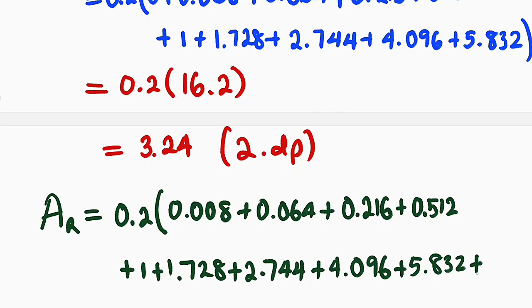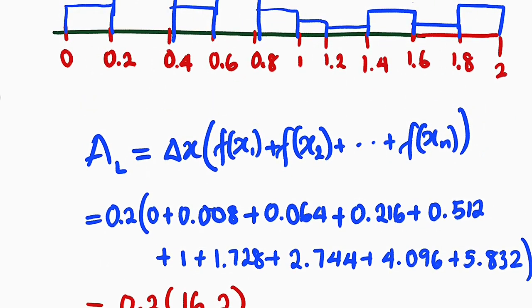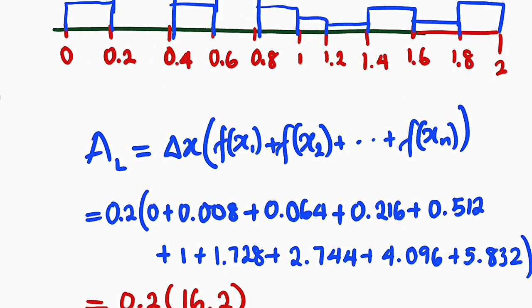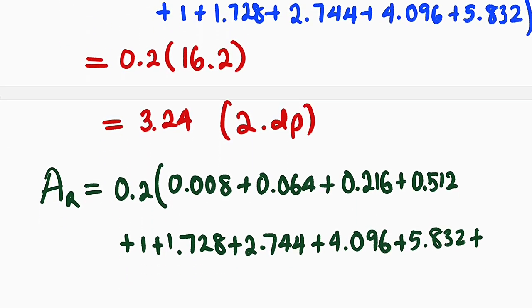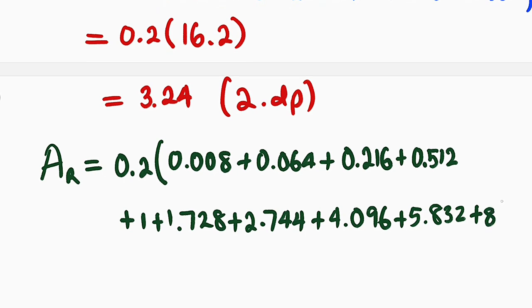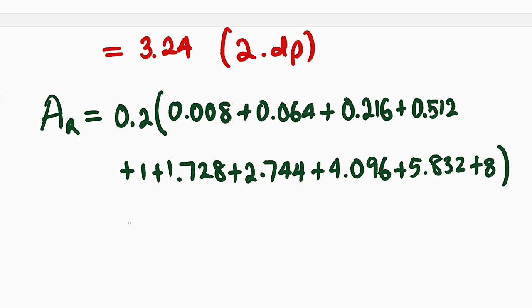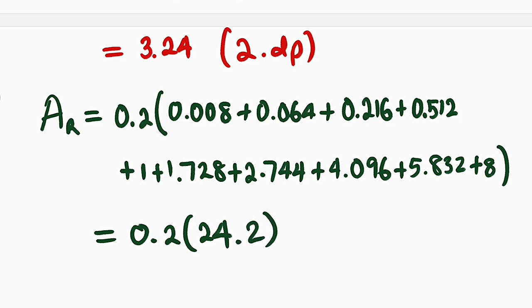Then plus the last one. This time around, when x is equal to 2, if you plug it into x to the power of 3, you have 2 to the power of 3, which is 8. So this is the last one. So we need to compute for all of this. If you add all of this together, you're going to get 24.2. So this is equal to 0.2 multiplied by 24.2.